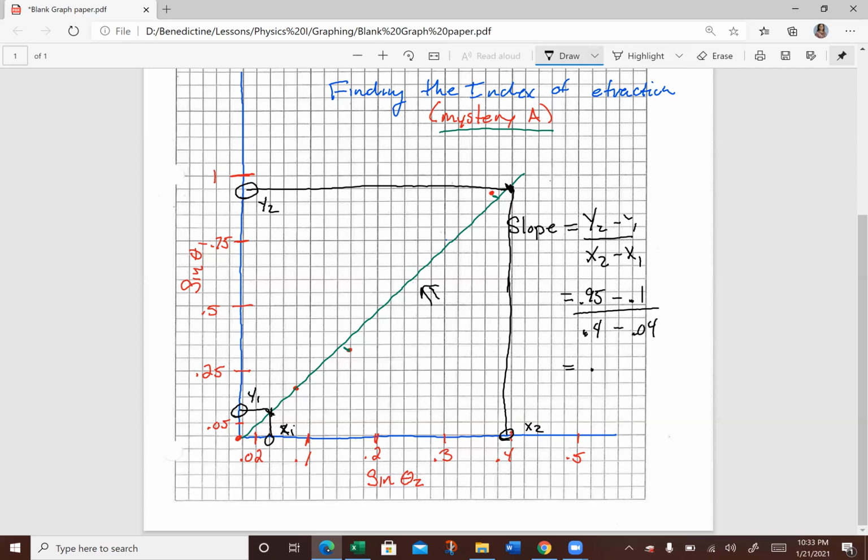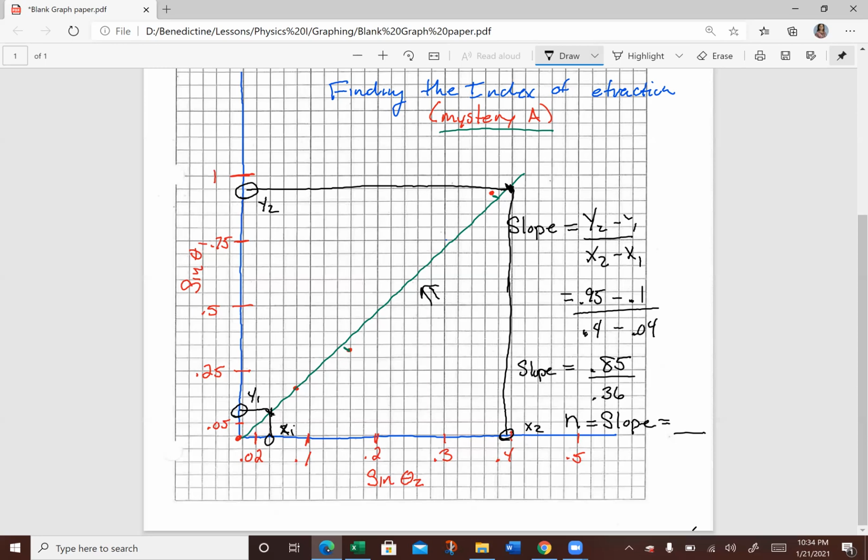That's going to give us 0.85 divided by 0.36, right? So plug that into your calculator and you get a number, and that is N. So your N value for mystery A material is equal to the slope. And remember, the N is the index of refraction. So whatever number you get for that slope is equal to your index of refraction.